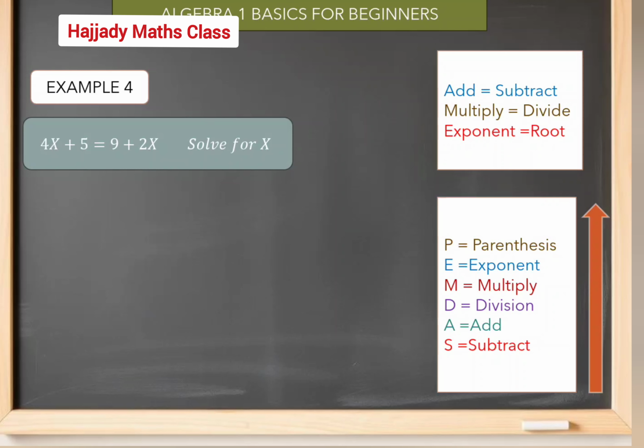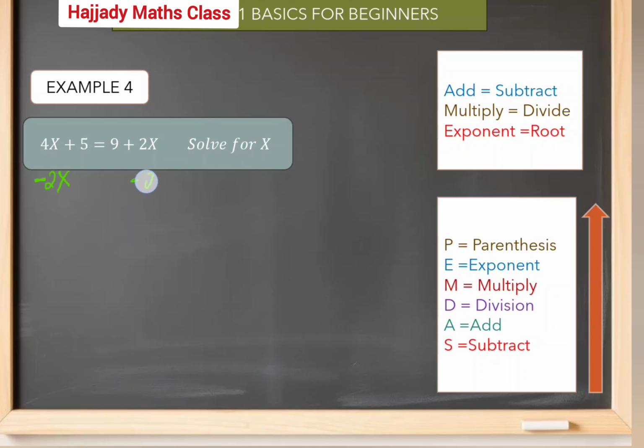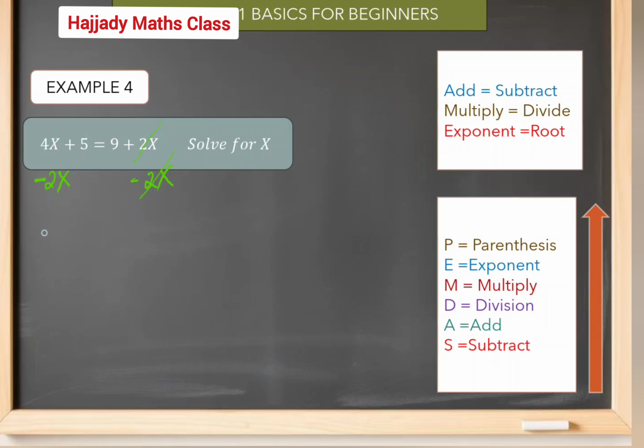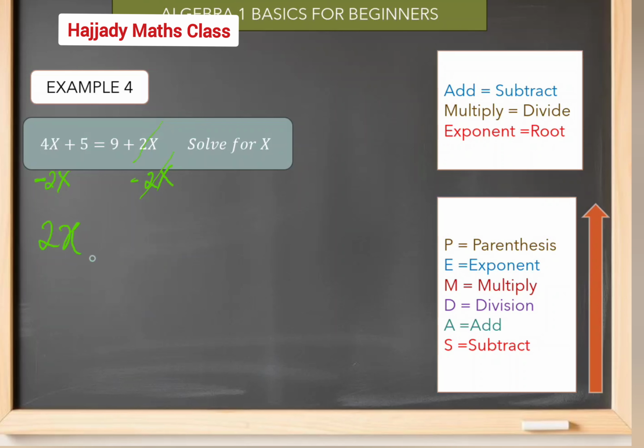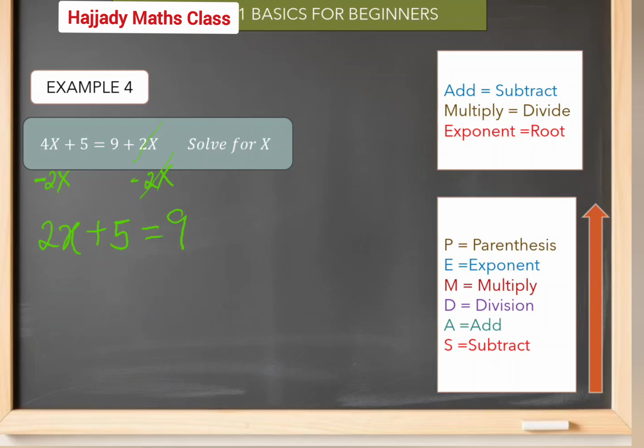And to do that, you subtract 2x from both sides so that you can eliminate 2x on the right side. And what else do we have? 4x minus 2x gives 2x plus 5 equals 9.